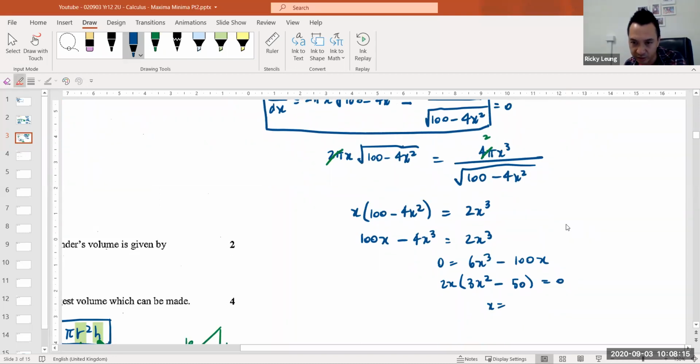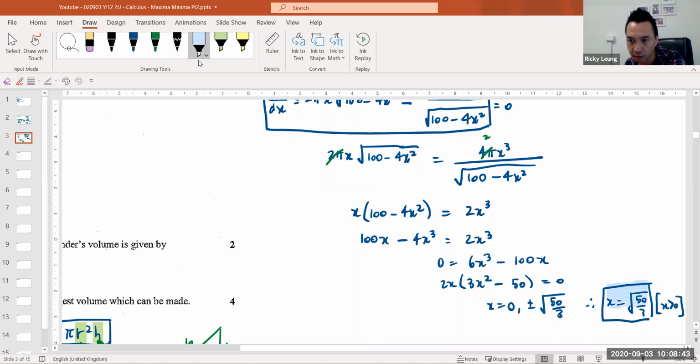You get x equal to 0, which obviously isn't right because I want a positive number, and plus or minus root 50 on 3, where negative once again is wrong. So therefore x equals root 50 on 3, since x is greater than 0. So this is the one we're going to test for max min.